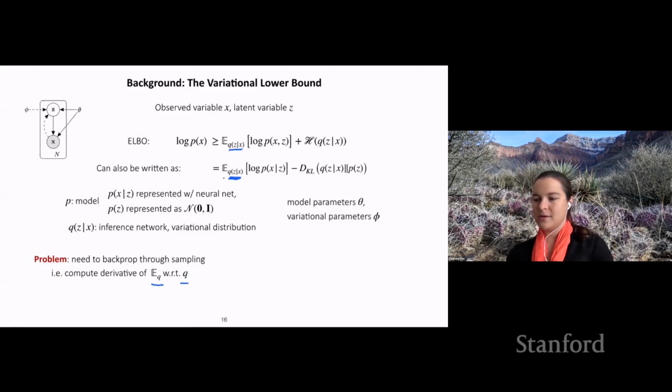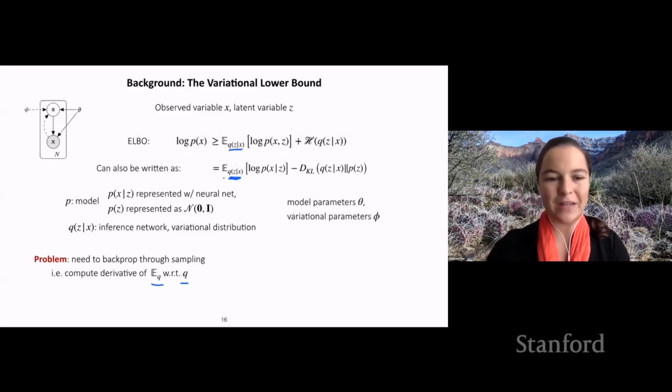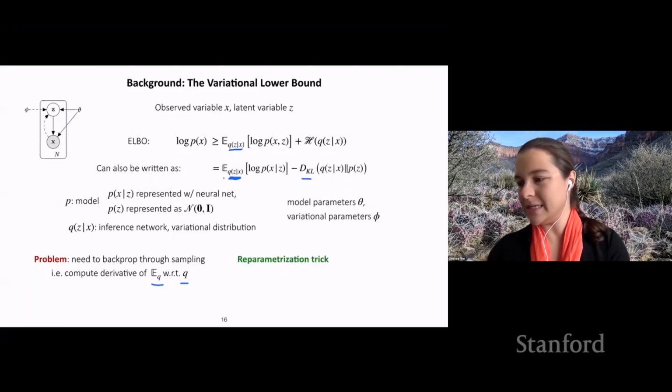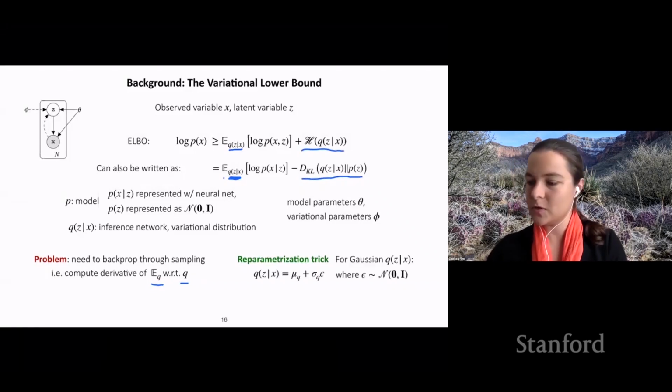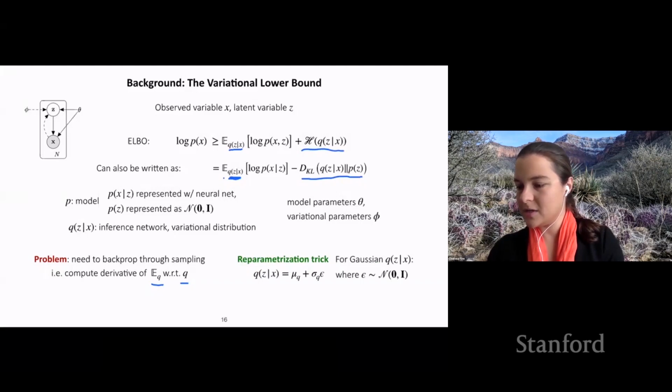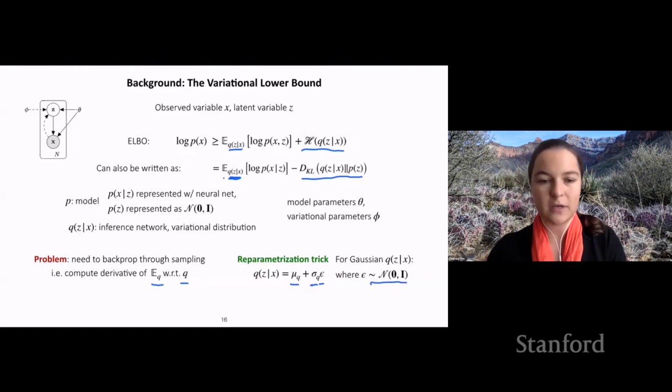The reparameterization trick is what allows you to fix this problem. If you set Q to be a Gaussian distribution, not only is it easy to compute this KL divergence, or equivalently this entropy, but you can also set Q equal to the mean of Q plus the standard deviation times some noise, where the noise is drawn from a standard Gaussian distribution.